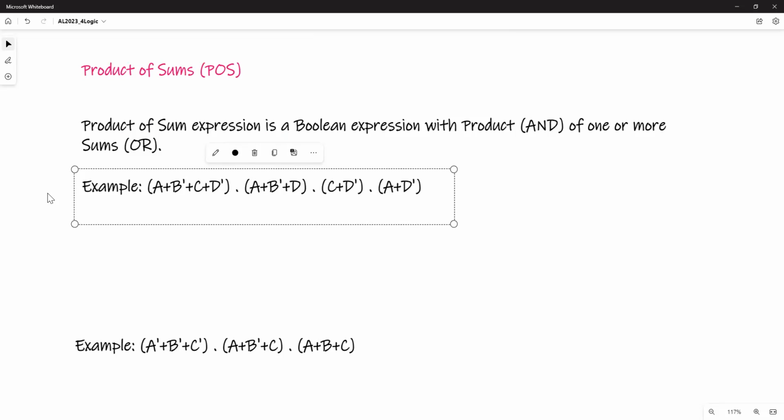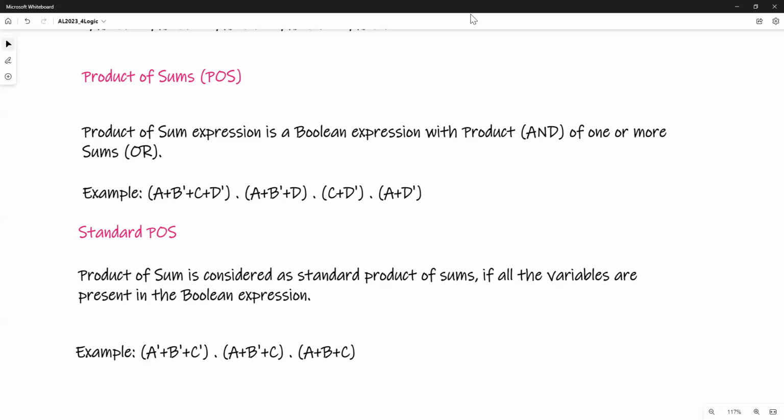Write down standard POS. Product of sum is considered standard if all the variables are present in the Boolean expression.